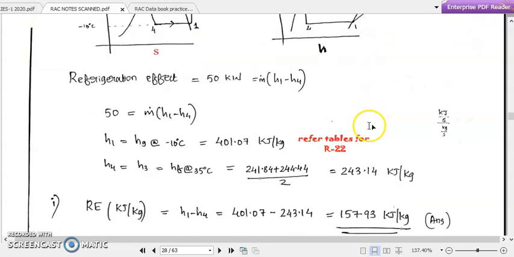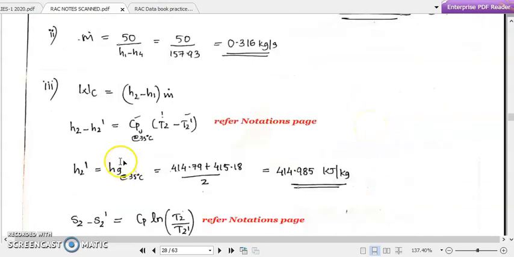So for that we can write this relation: H2 minus H2 dash will be equal to CPV value at 35 degrees Celsius into T2 minus T2 dash. How did we write this relation? Here we are not writing anything new.